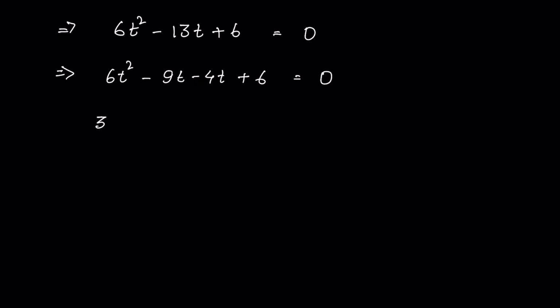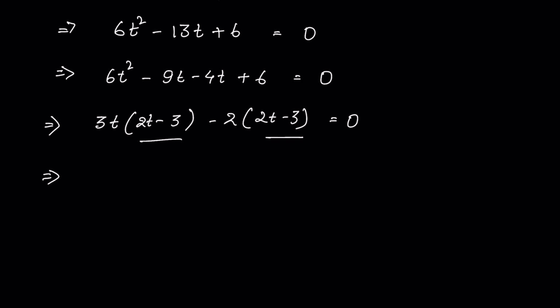Take 3t common, so 3t(2t minus 3) minus 2 common, 2(2t minus 3) equals 0. Now 2t minus 3 is the common factor, so (2t minus 3), remaining factor is (3t minus 2) equals 0.